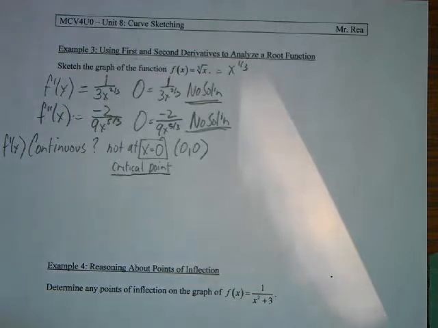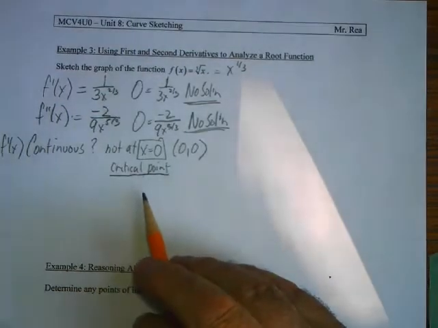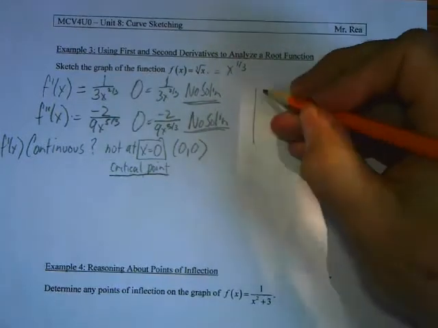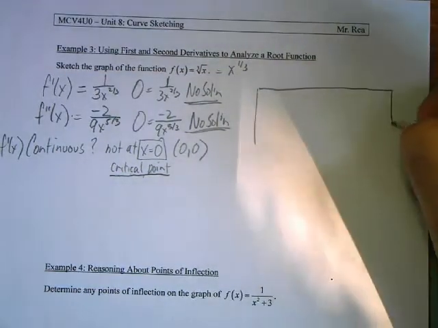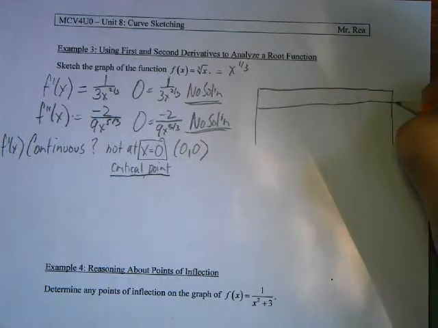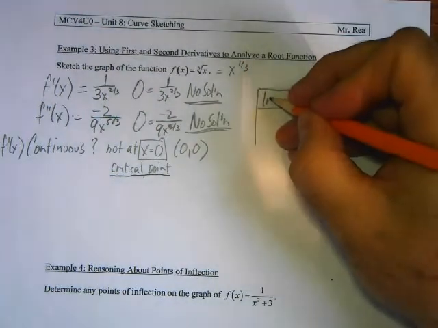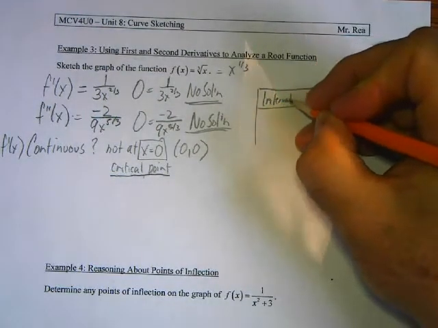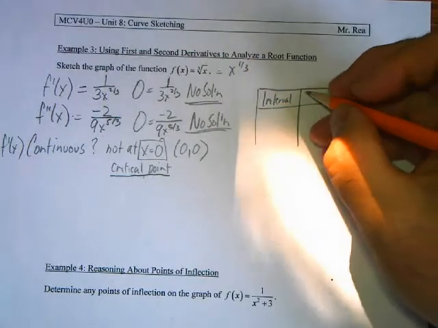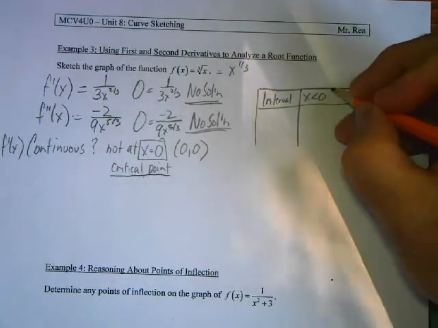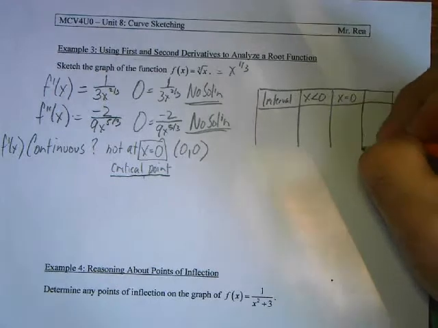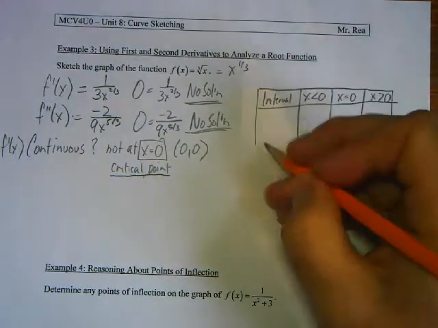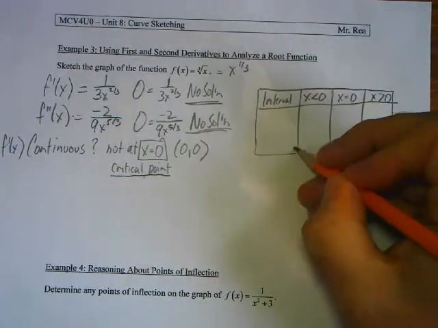So we're going to base our interval testing on x equals 0. So interval, so we have x less than 0, x equals 0, x greater than 0, and I'm going to have my 3 rows.